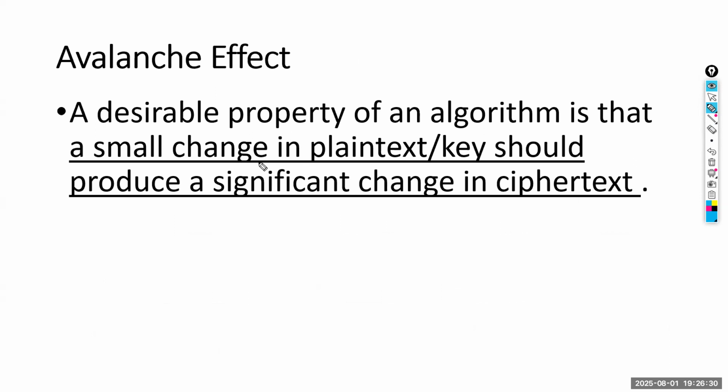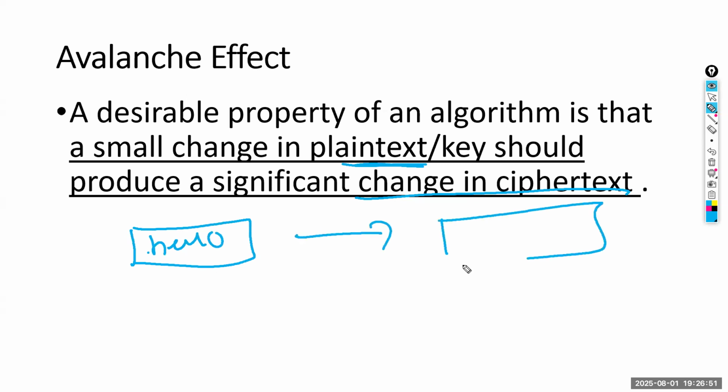Now it says a small change in plain text must produce a significant change in ciphertext. Okay. Say this is the message you send today: say hello. So then this is your plain text, and this is the ciphertext.